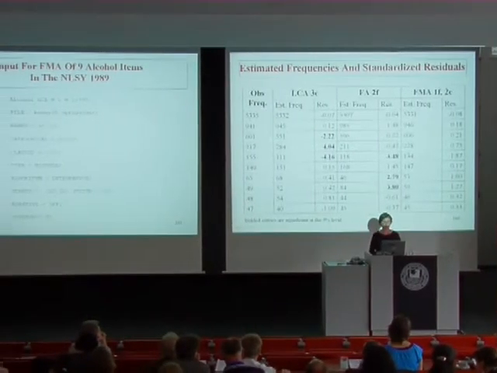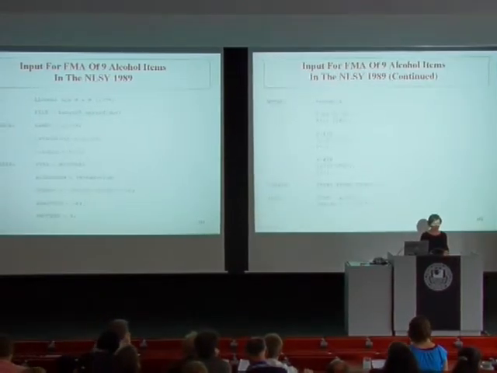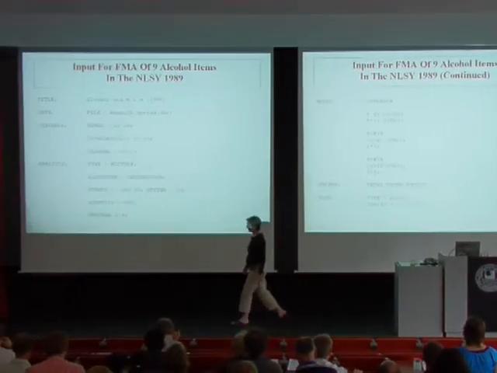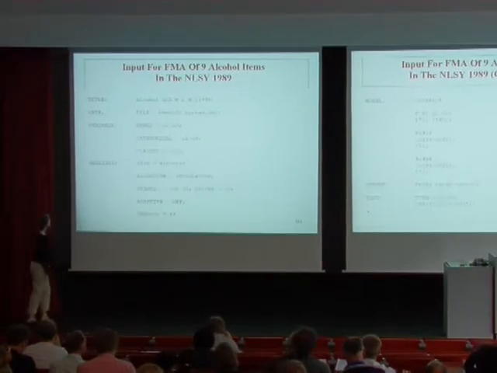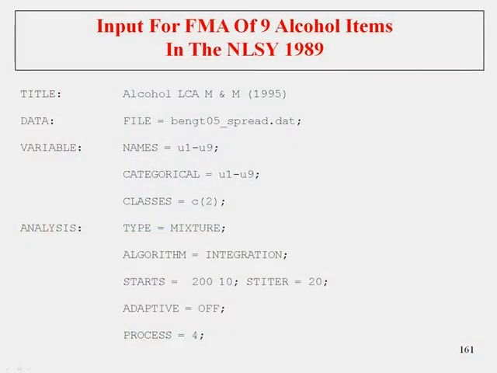So let's take a look at how we would set this model up in Mplus and see what's new here in the input. I think there's nothing new until we get to ALGORITHM = INTEGRATION.